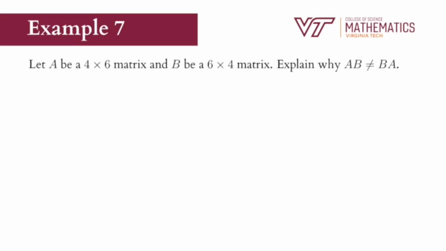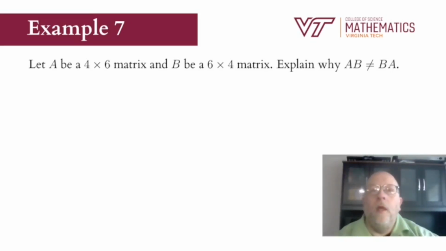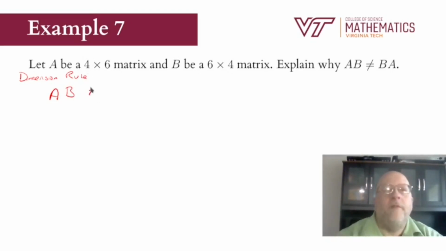Here's another example. Why are these matrices not equal to each other? I don't even know what the numbers are, but if A is a 4 by 6 matrix and B is a 6 by 4 matrix, then by the dimension rule, the outer numbers of A times B give a 4 by 4 matrix.